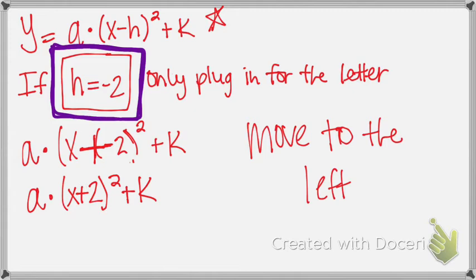However, when you plug it in, you only get this positive because two negatives make a positive. That's the only way you can get a positive right there. Shake your head yes if you are starting to get this. Okay.